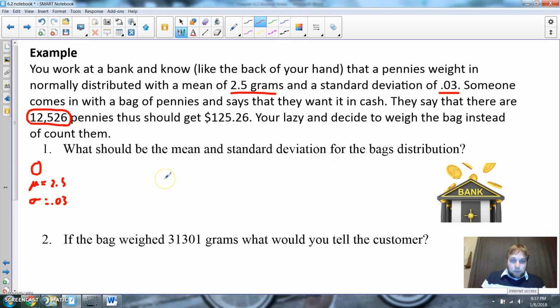So, with the mean, I have just a bunch of pennies, and this is for the bag. I'm just going to go B for bag.